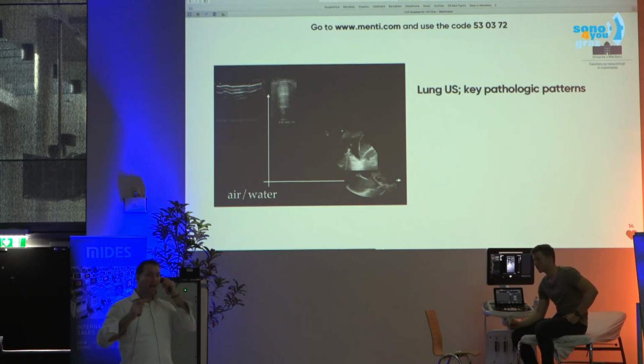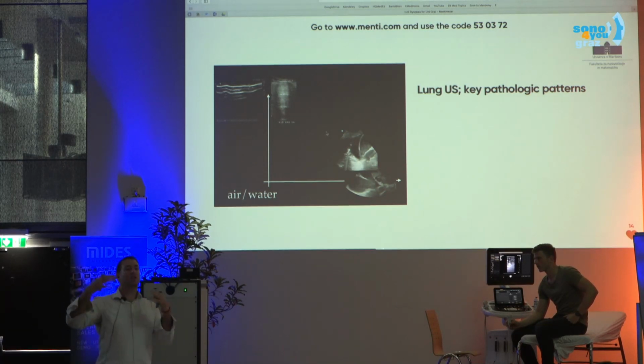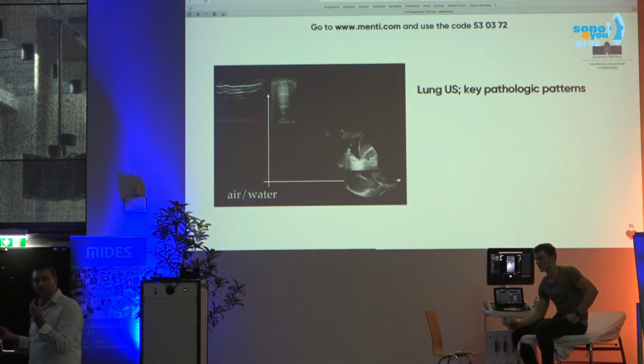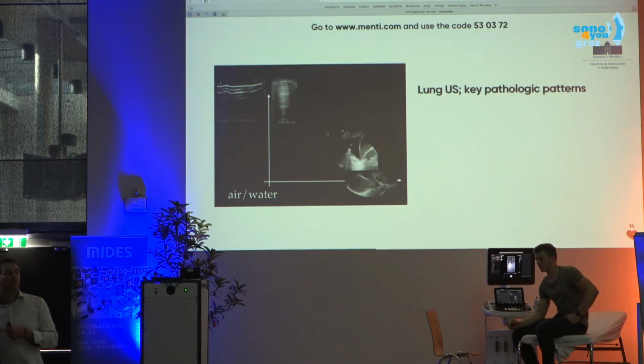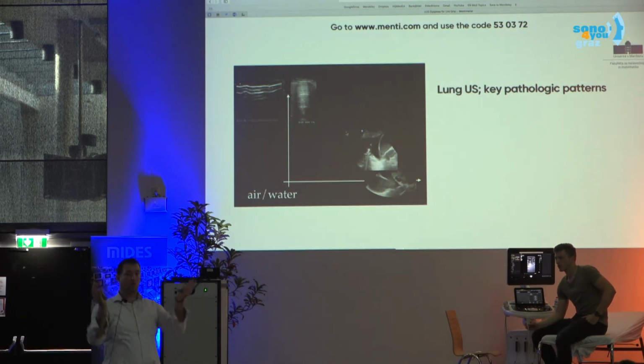Okay? And if we go further down, where would be, let's say, interstitial edema of lung? Is this more water or more air? Or something in between? What would you say? Before, in pneumonia, all the alveoli were full of water.